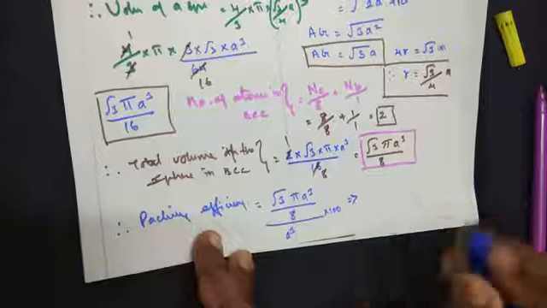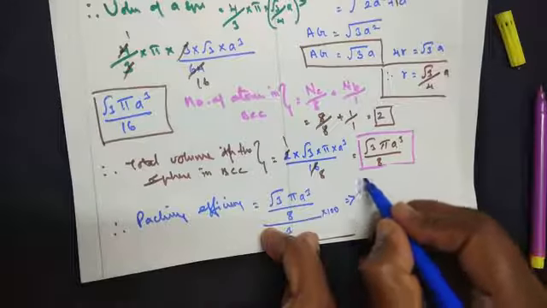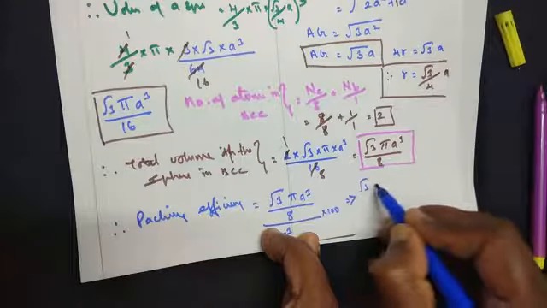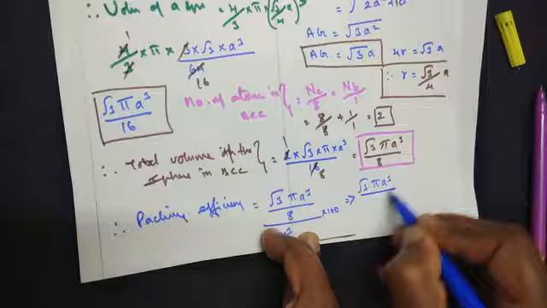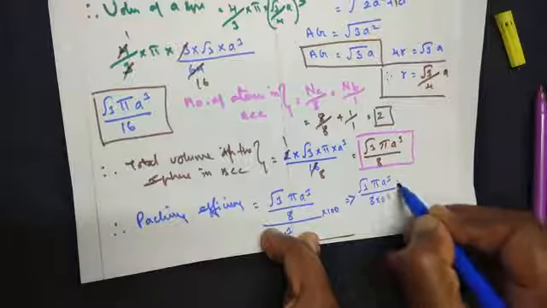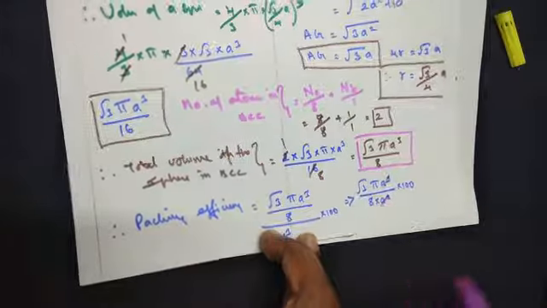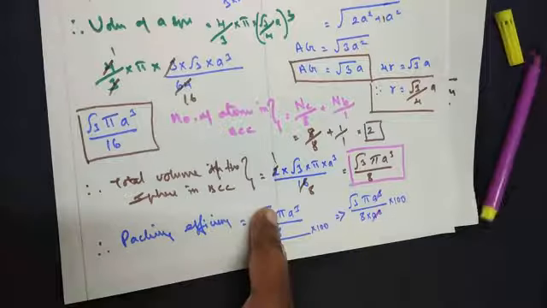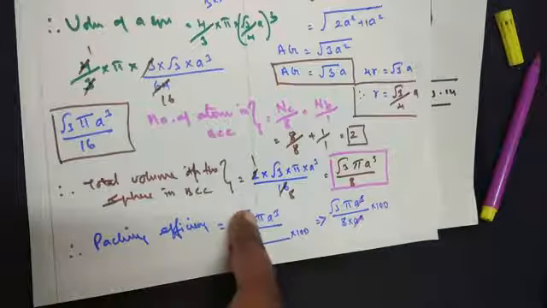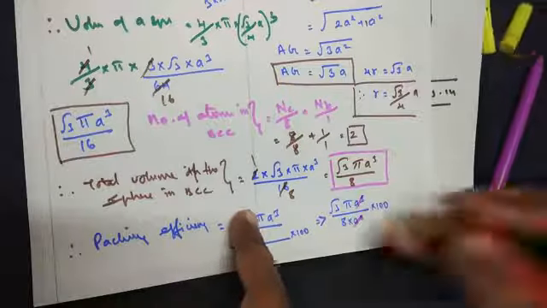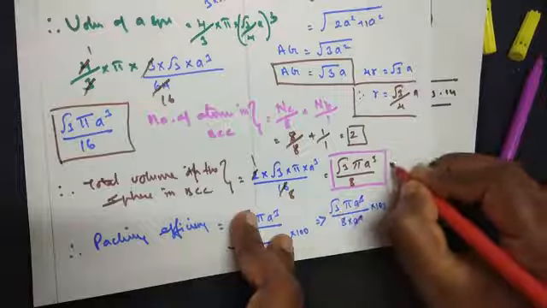If we rearrange this step, what will be our answer? That is square root 3 into pi into A cube by 8 into 1 by A cube into 100. A cube and A cube will get cancelled. What's the value of square root 3?